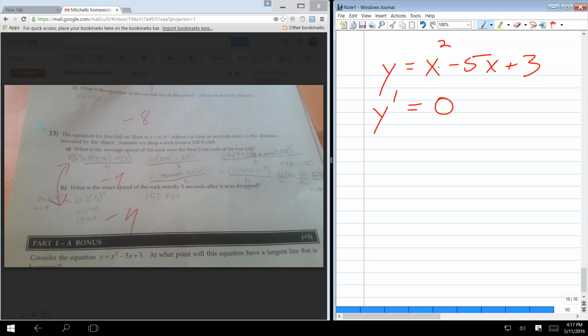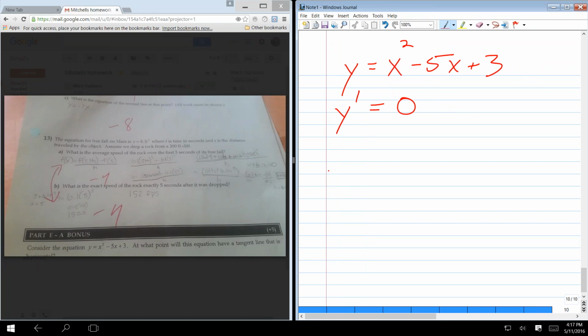So let's differentiate this the easy way. And we'll go back and do it the hard way if you want, but let's first do it the easy way. I'm just teaching you the concept here, which is huge. This business of having the tangent line be horizontal is perhaps the most important principle in calculus, because that's where the minimums and maximums occur.